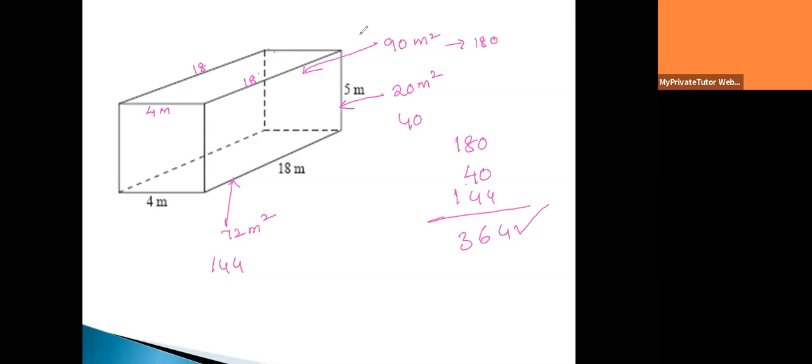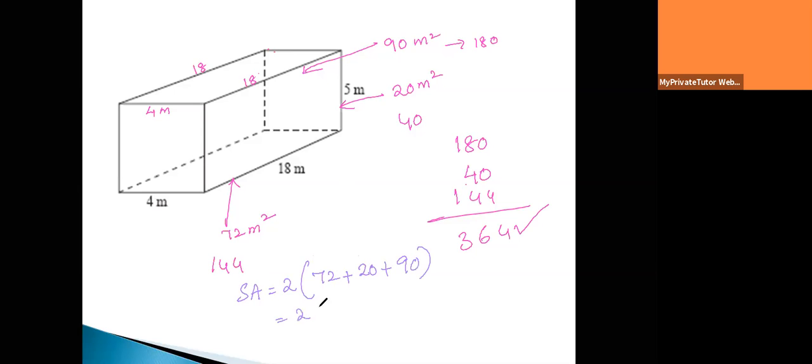Yeah, exactly. So just use the general formula which you learned: surface area equals 2 times length times width plus width times height plus length times height. Length times width is 18 times 4, which is 72. Width times height is 4 times 5, which is 20. Length times height is 18 times 5, which is 90.